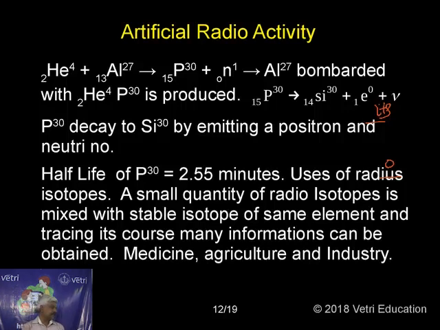In medicine, radioisotope is used in the treatment of cancer, radiotherapy. In agriculture, how fertilizers given to the plant are taken up may be identified using radioisotope, phosphorus-30, we know. Like that, any radioisotope can be utilized for industry also.